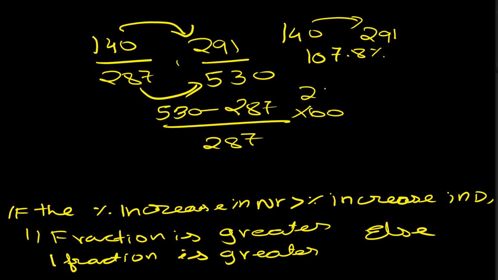From 287 to 530, how many percentage is it increased? That is what I'm supposed to find over here. So if I subtract this, I'll be getting 243. Over here, I'll be getting 243, divided by 287.